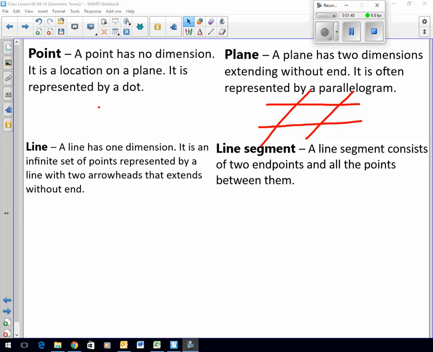So we're going to be working in a plane for several weeks, pretty much the whole first half of the semester until we get to three-dimensional objects, okay?